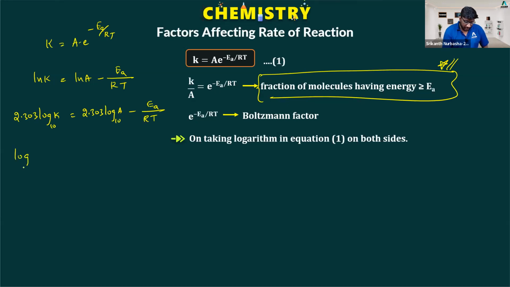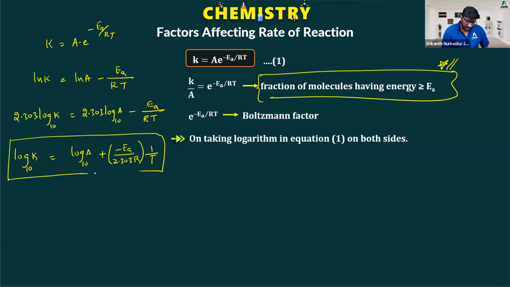So log K is equal to log A minus Ea by 2.303 R into 1 by T.